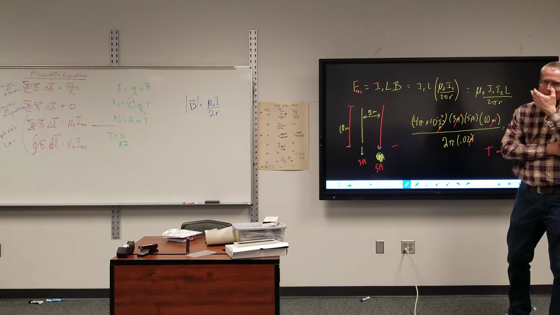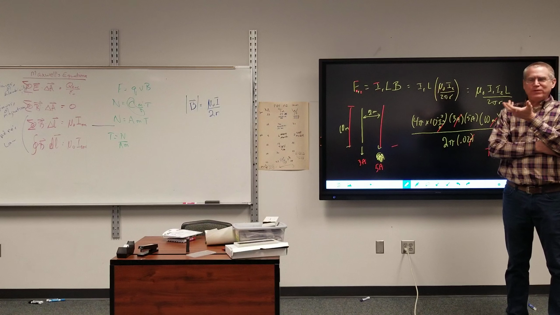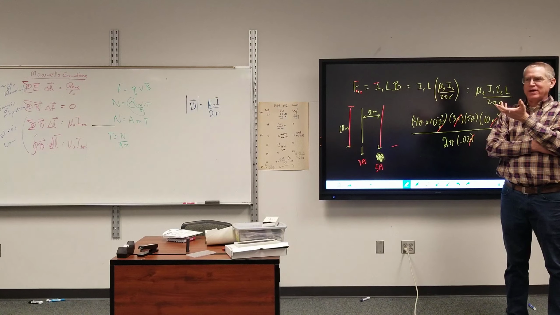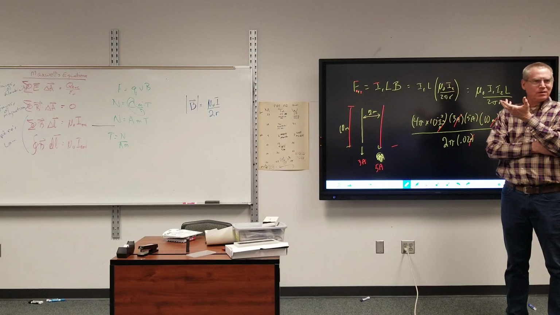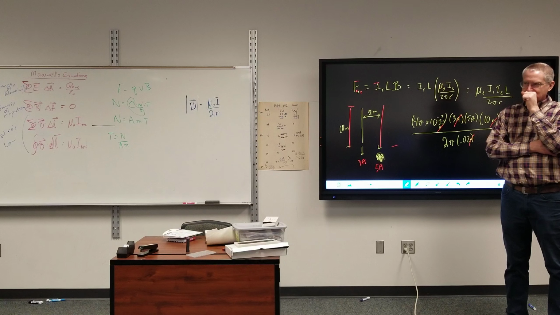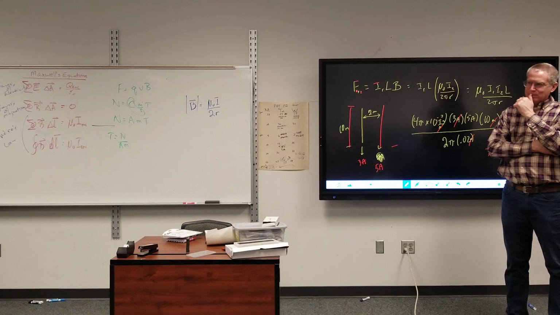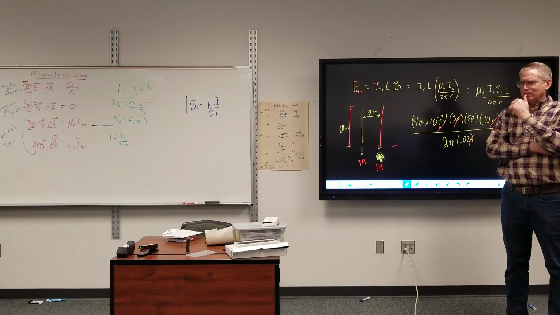When you're finding the electric field, there's an R in that equation. What is that R? The distance between it and the charge. The charge is right there, and the electric field goes on forever.